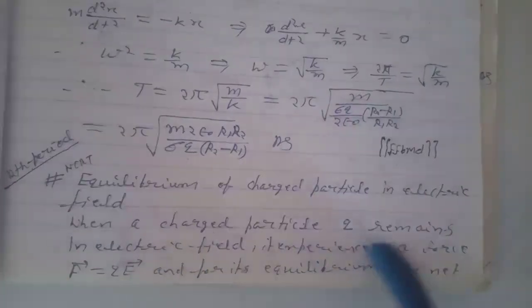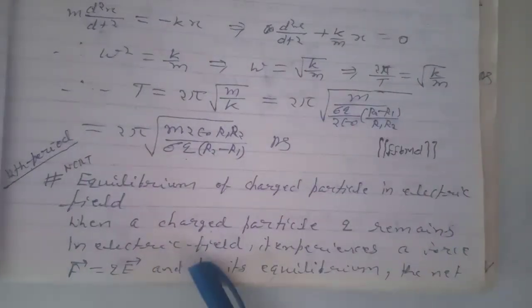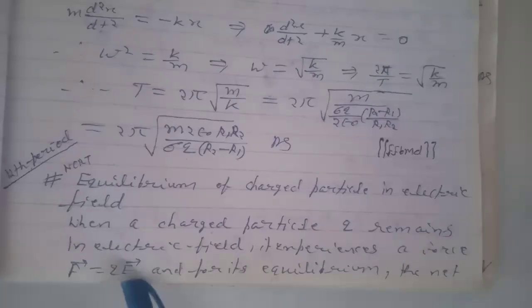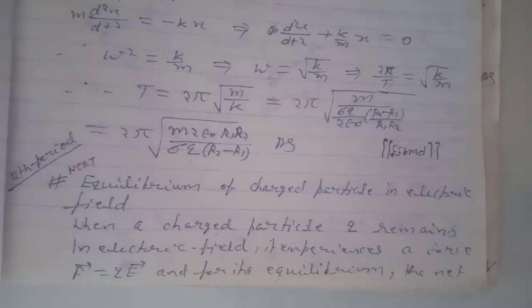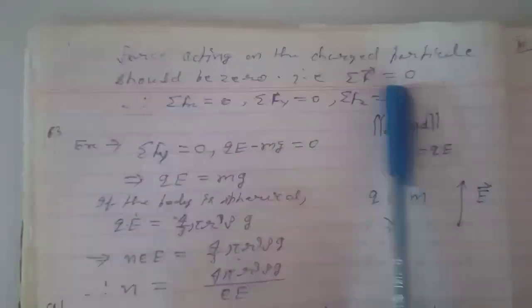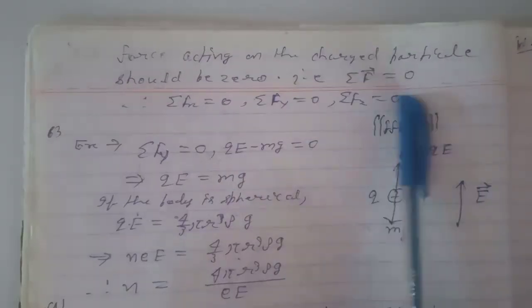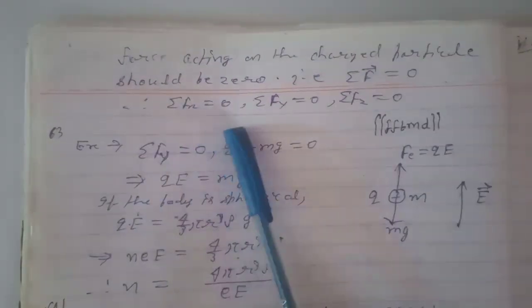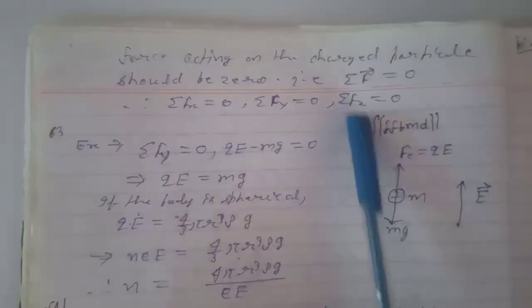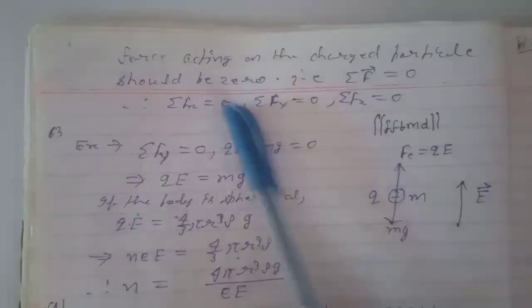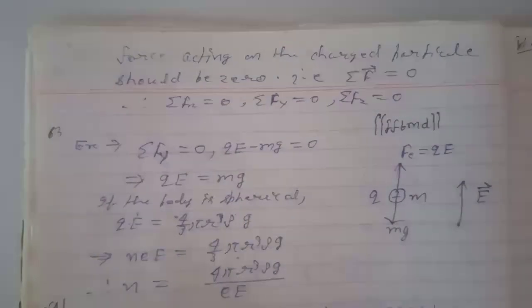When a charged particle Q remains in an electric field, it experiences a force F vector equals Q into E vector, and for its equilibrium, the net force acting on the charged particle should be 0. That is, sigma F equals 0, hence sigma Fx equals 0, sigma Fy equals 0, sigma Fz equals 0. This is in component form.